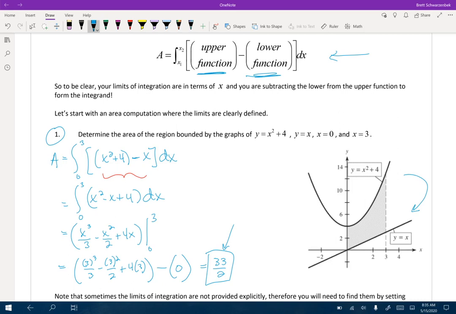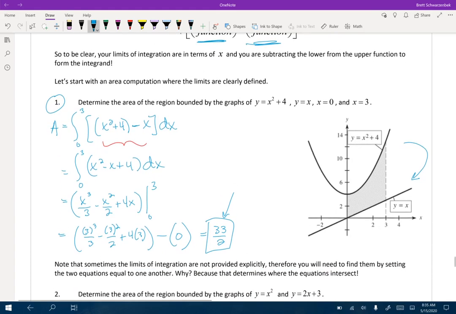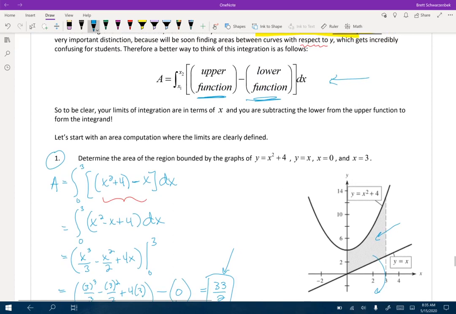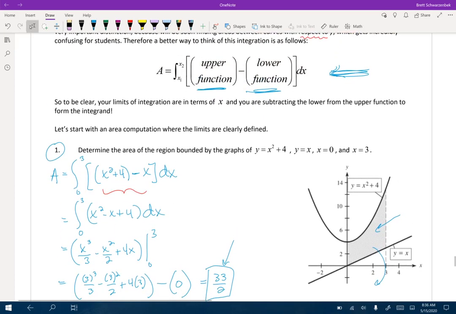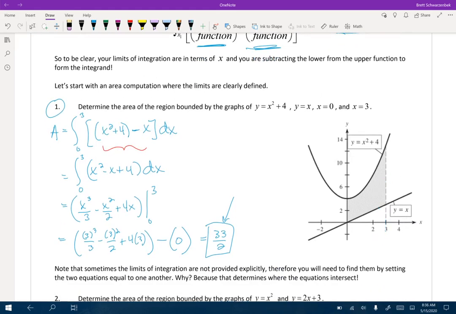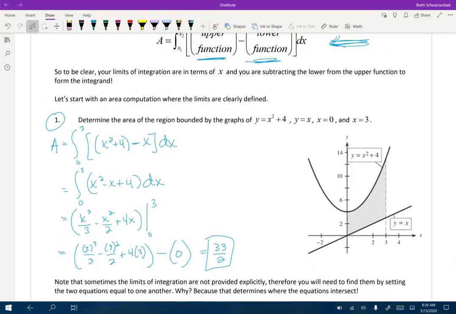Students get carried away with the concept of, oh, for example, there are some points where we're going to do problems where this area is going to end up under the x-axis. That doesn't mean anything. The whole concept of the formula itself is forcing the area to be positive by doing upper minus lower. So realize this is not the same interpretation as a typical net area problem, so you will always get a positive. That's the first thing.